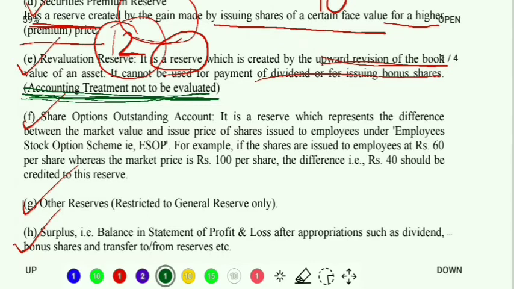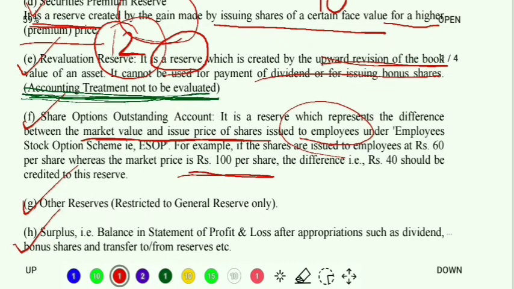Next part says share options outstanding account. Now what is share options outstanding account? See, it is a reserve which represents the difference between the market value and the issue price of the shares to the employees. For example, the market price of a particular share is rupees 100. Clear?